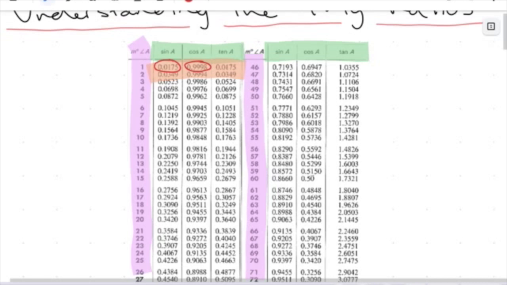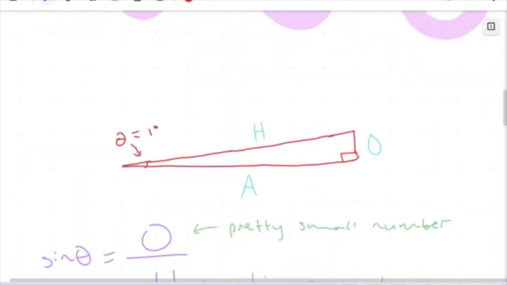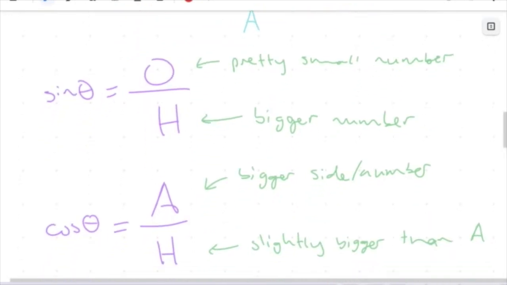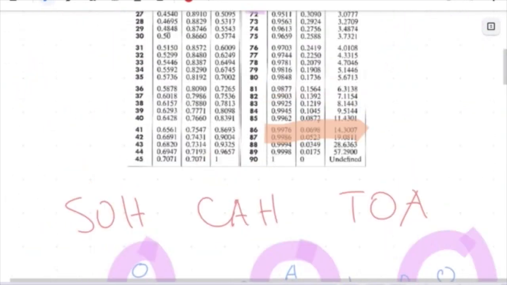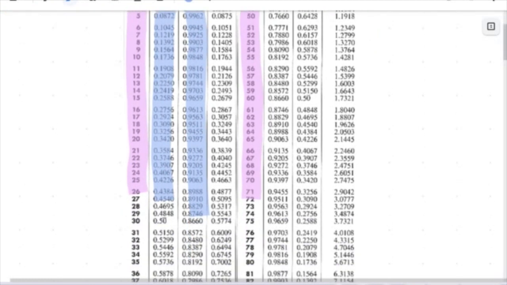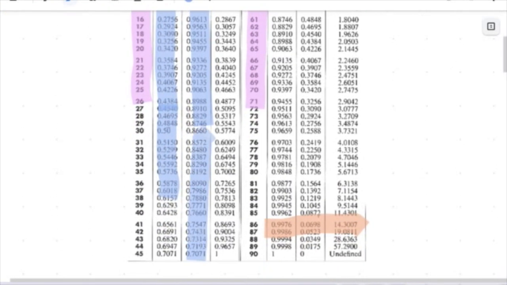It's still not a whole number, and it will never be a whole number, because so long as the hypotenuse is on the bottom, where it is for sine and cos, the denominator is always going to be bigger than the numerator. So if we look at our table here, you can actually see if we traced through and looked at all of the sine and cos, we never get a number bigger than 1, do we?